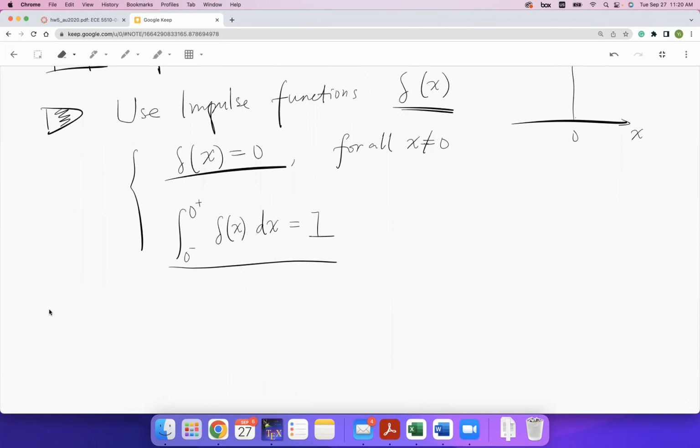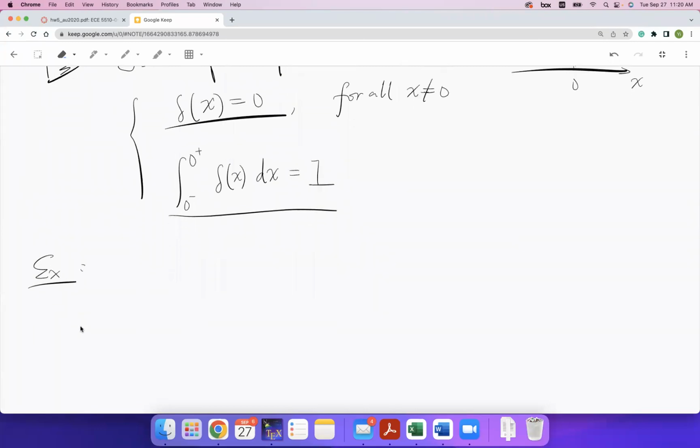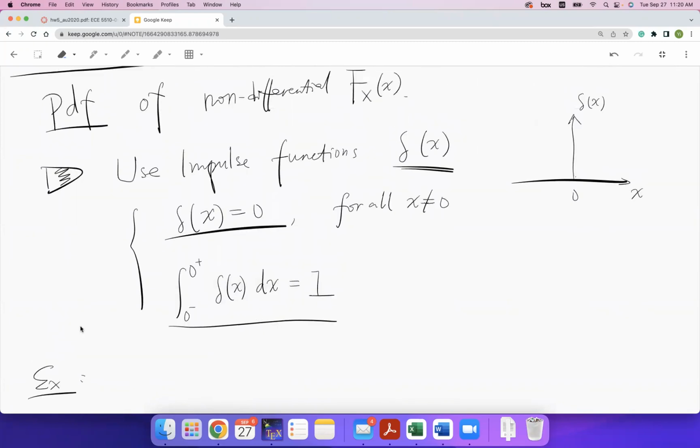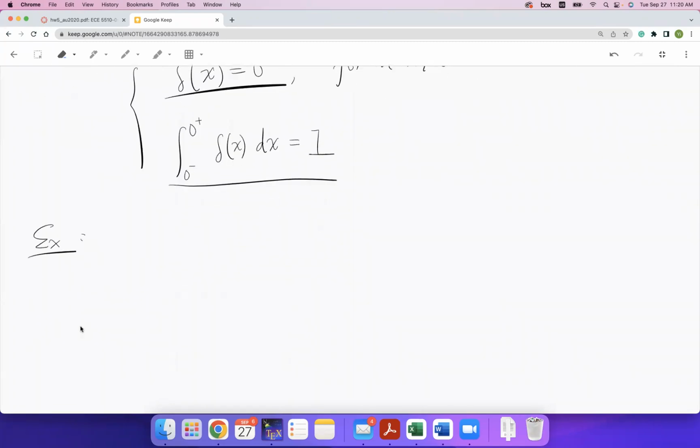So let's consider an example to see how we can leverage this impulse function to define the PDF of non-differentiable CDFs. Let's say that X is a discrete random variable.